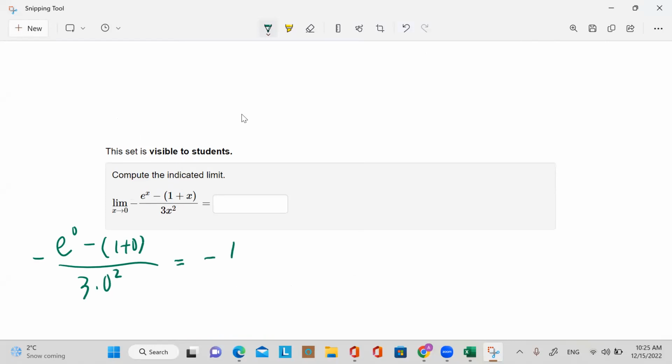So e to the 0 is 1, so it's 1 minus 1 on top, and on the bottom is 0. We get 0 over 0. So this is an indeterminate form. When we do the direct substitution, we get an indeterminate form.